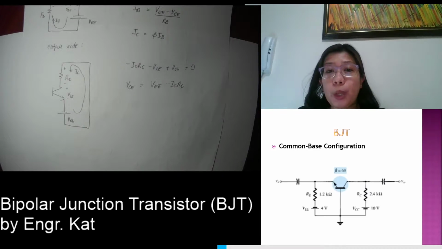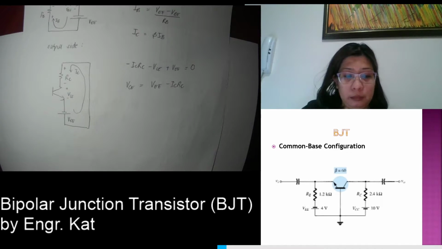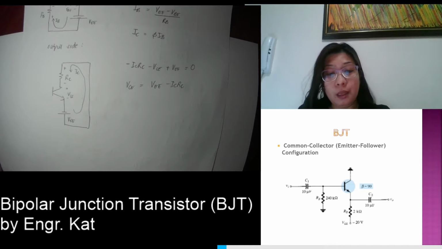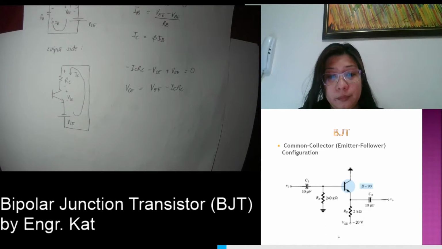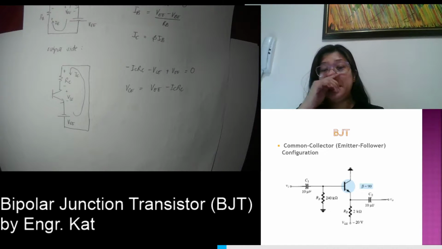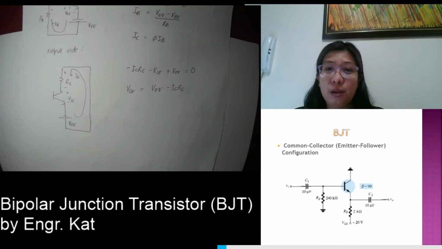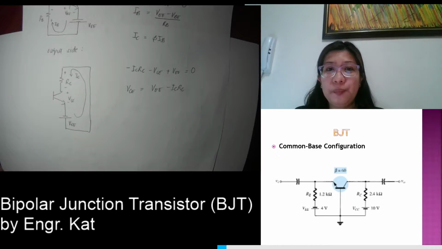So we also have this one. What is the difference between this one and the previous one? The previous one is that the collector is grounded. If you look at the collector, it is grounded.